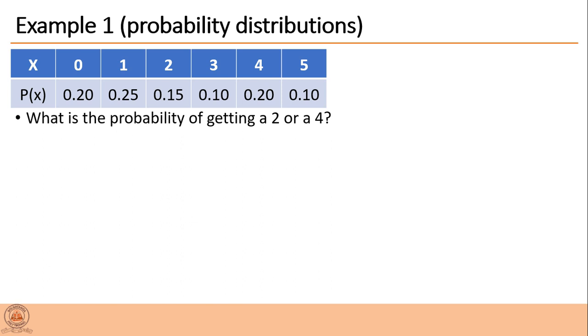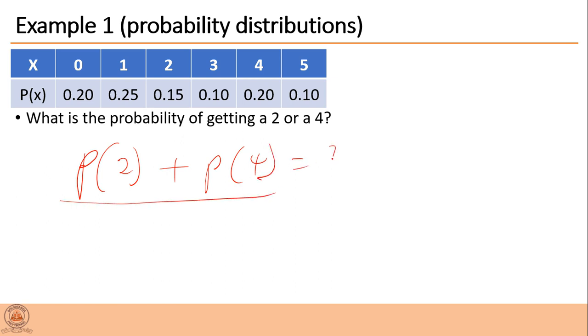In probabilities, when you see the word or, it means that we have probability of 2 plus probability of 4. We already know where the 2 is, we know where the 4 is, and the respective probabilities. So probability of the 2 equals 0.15, and probability of the 4 equals 0.2.